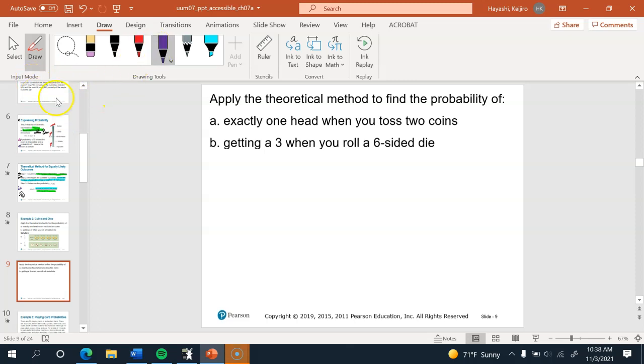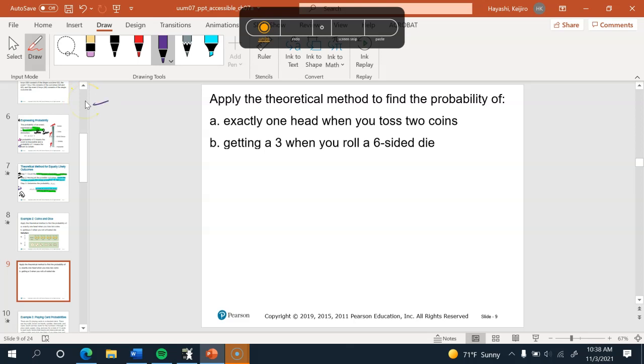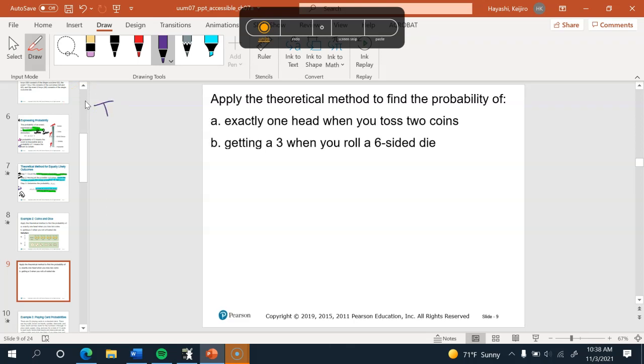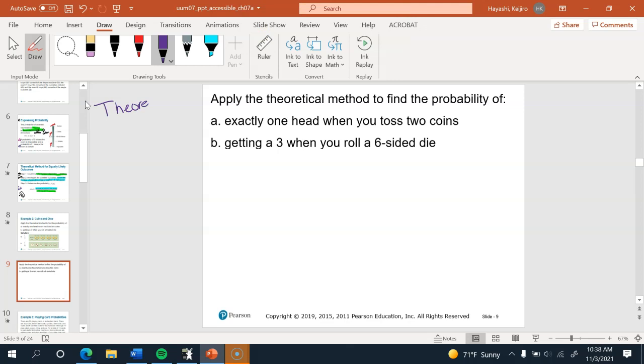So these things that we're calculating right now are referred to as theoretical probabilities. Because we're not actually rolling a die or flipping a coin and finding out what percentage of times it comes up a certain way. We're just going under the assumption that a coin is fair. We're going under the assumption that a die is fair and that it comes up on each face 1/6 of the time, for example.